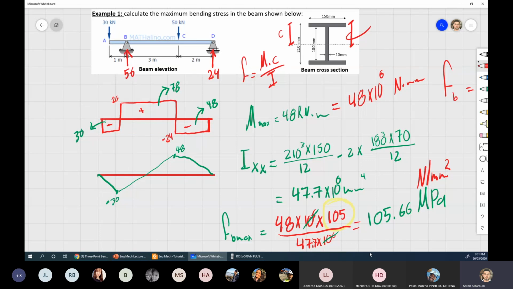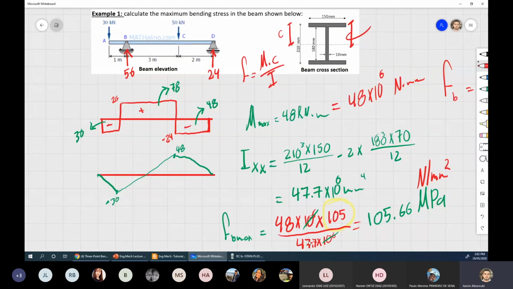In other words, if I use steel of 105 MPa or stronger, for example 200 MPa steel, for this beam in this cross section, in this length, and these forces, this beam should be safe.